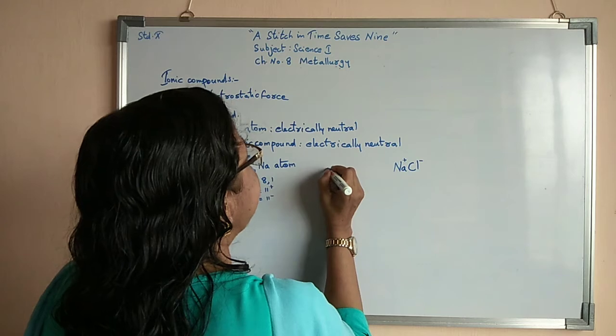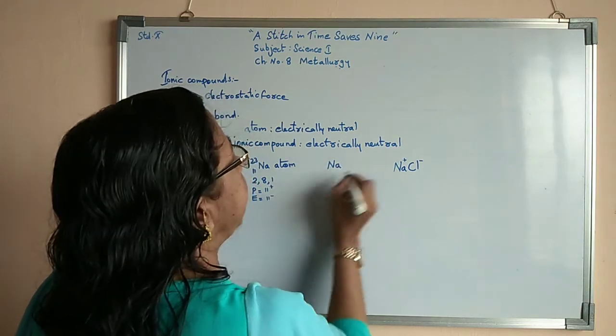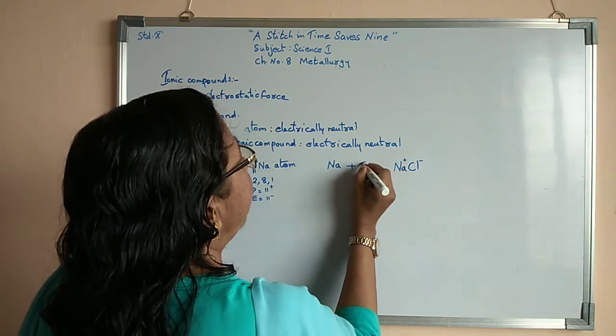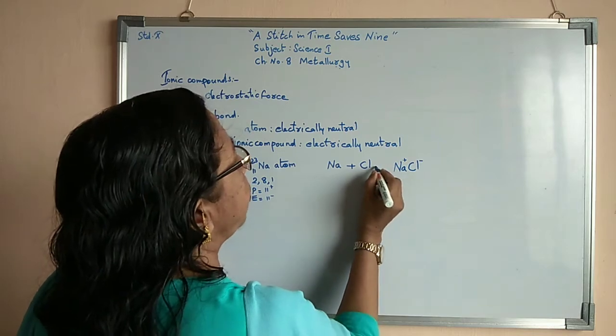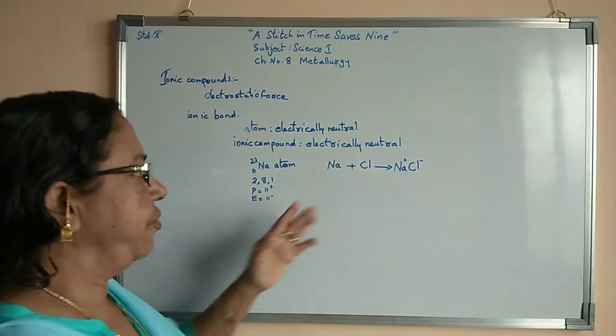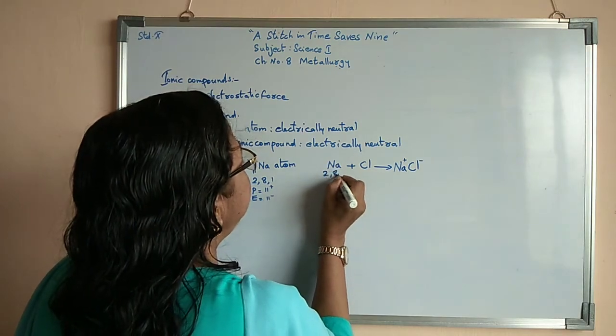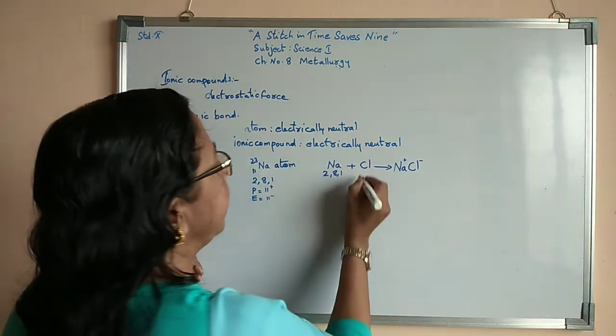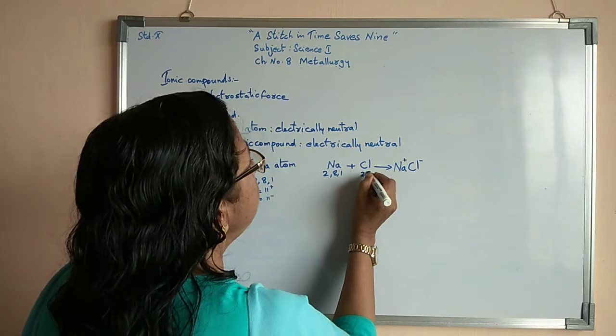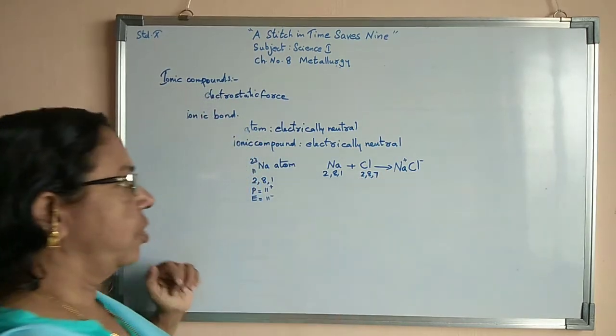So just for an example I am showing you one sodium atom and one chlorine atom. Here I am showing you 2, 8, 1 electronic configuration, and here 2, 8, 7 electronic configuration.